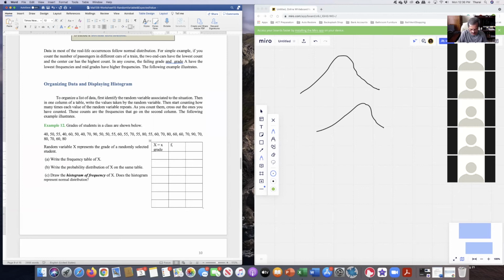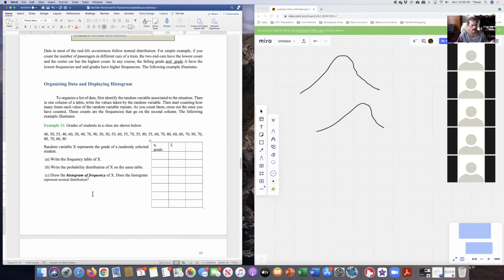That means we are writing the frequency for each value of the random variable. So they may write x equal to x_i or simply x_i. It doesn't matter how you write the column title. But these are values of the random variable going in the first column, and frequencies of those values going in the second one. So let's do that first.